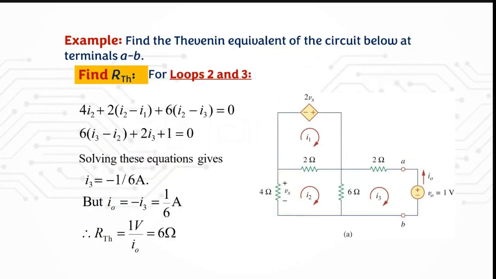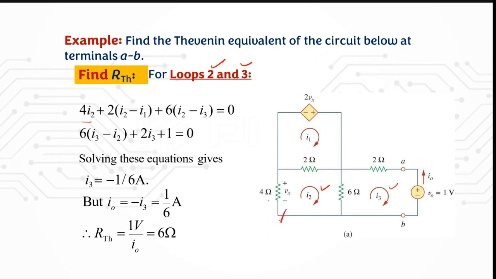And then we're going to look at loops 2 and 3 here, which involve I1, I2 and I3. So at loop 2, you will have 4 I2 plus 2 I2 minus 2 I1, plus 6 I2 minus 6 I3.